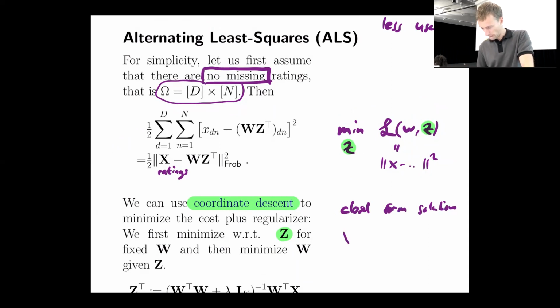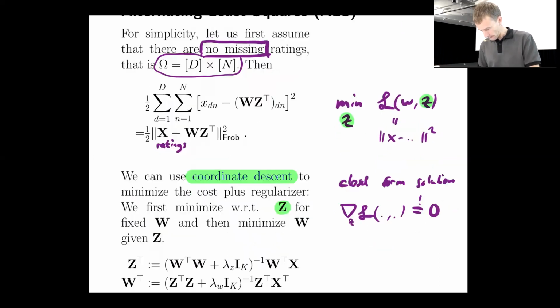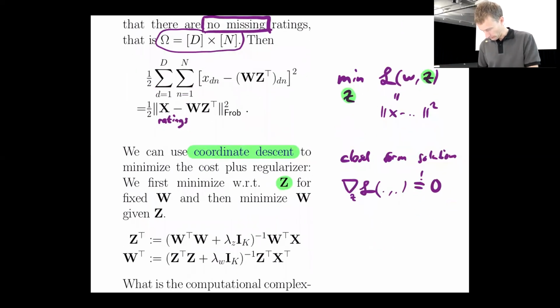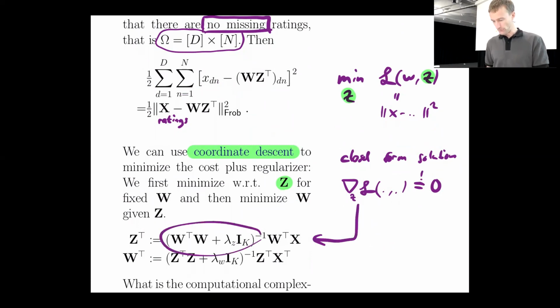And how do you get it? You just set the gradient to 0. And if you do this, it's not so hard to check that, well, here it's already the solution, but if you do this, then you get this equation, which means there's a matrix inverse here, which looks scary, right?